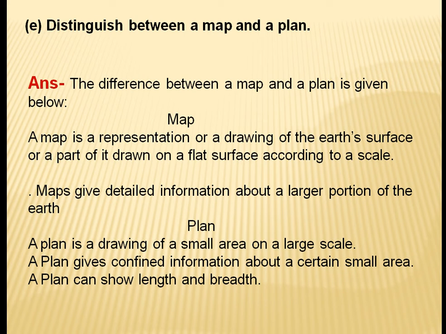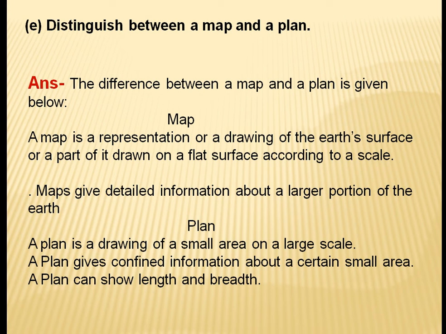In the slide I am showing you in paragraph form, but when you are writing differentiation, make a column, write here map, then make a line, then write here plan, then write 1, 2, 3 points and 1, 2, 3 points like that. The difference between a map and a plan is given below.